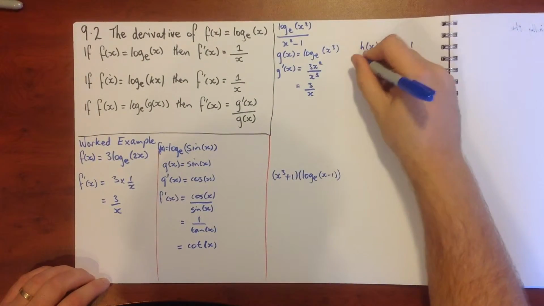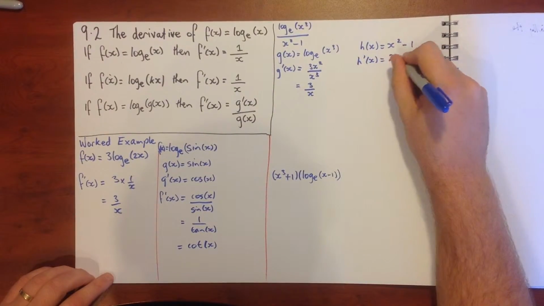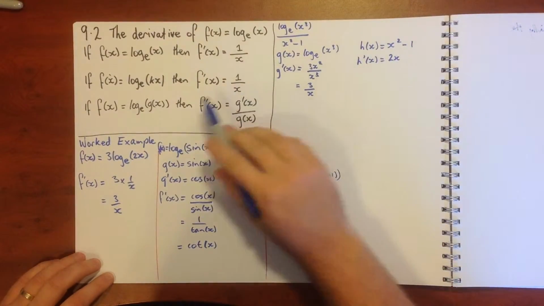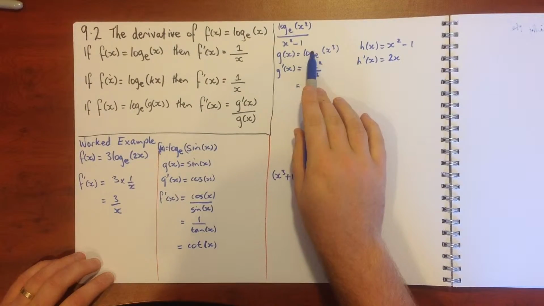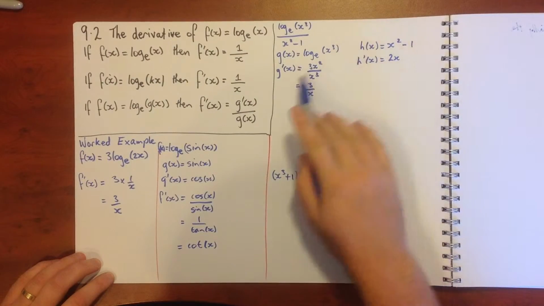Then h dash of x is going to be 2x. For our quotient rule, it's our h times our g dash first. We go this way.